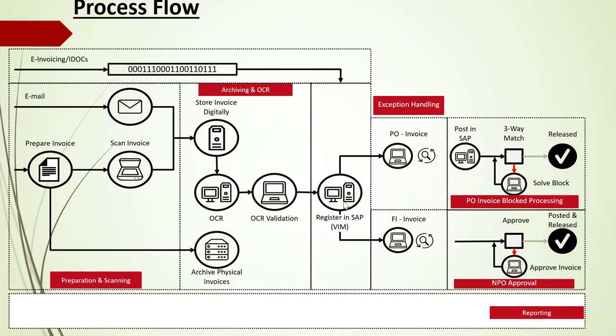For scanning the document, we have multiple scanners available in the market, but we will use the scanner provided by OpenText, that is the enterprise scanner. We'll use that scanner and scan the paper invoices. Once this part is completed, there is archiving and OCR.